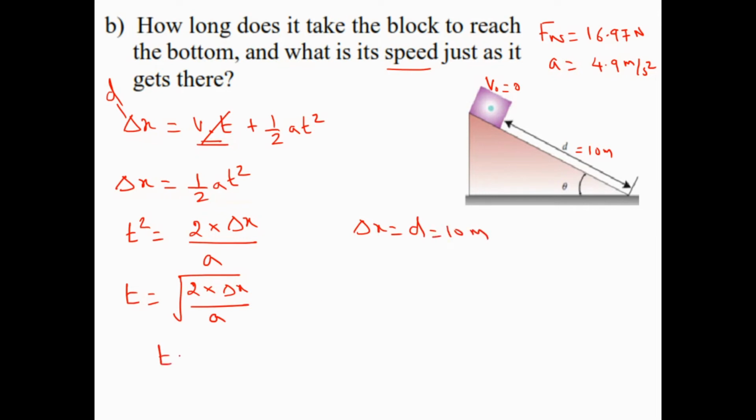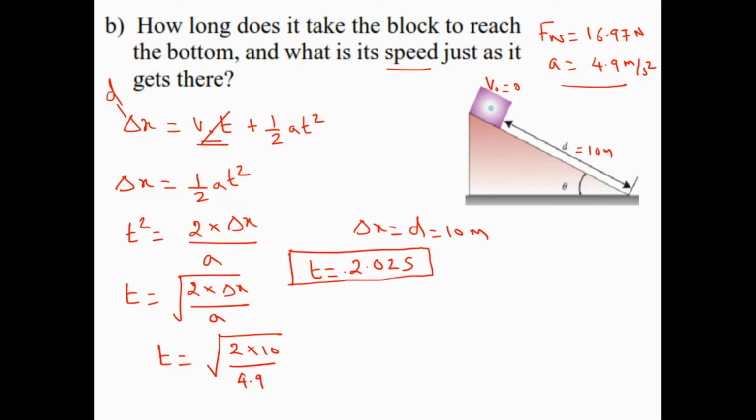I'm going to substitute the values: the acceleration in the first part of the question is 4.9. So my time is the square root of 2 multiplied by 10 over 4.9. What's the answer? 2.02 seconds. So this is the answer for the time.